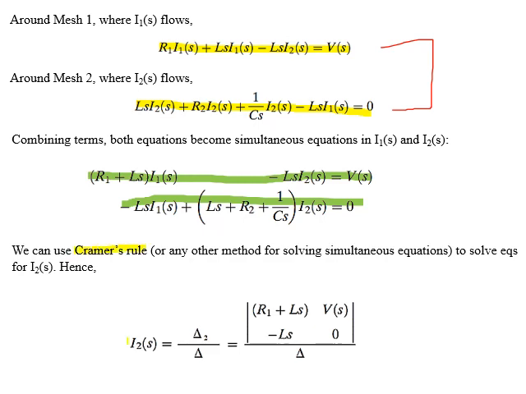This selection of rule will be your choice. We are here using Cramer's rule, which defines that I2(s) will be equal to del 2 over del, where del 2 is defined as a numerator and del is defined in the next slide.